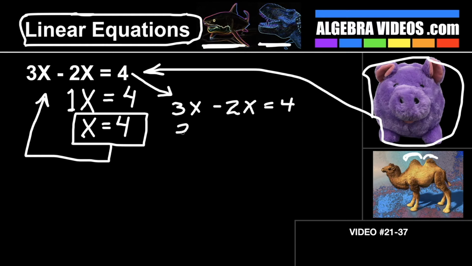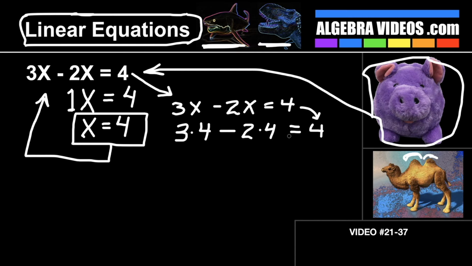So 3 times, I'm going to plug in 4 now for the x, minus 2 times x, but we know x is 4, so I'm plugging in a 4, equals 4. This 4 just stayed the same. Nothing changed.